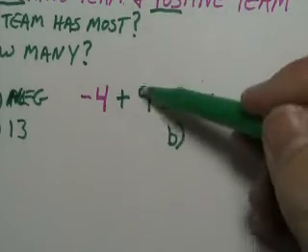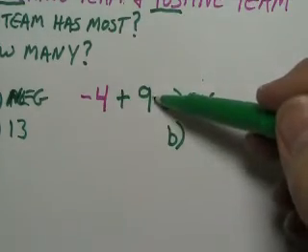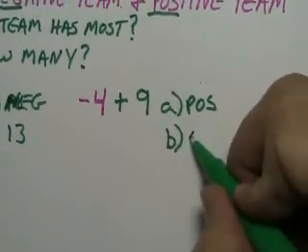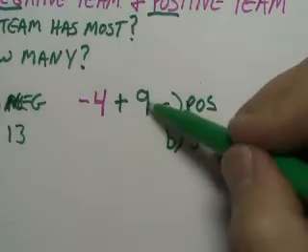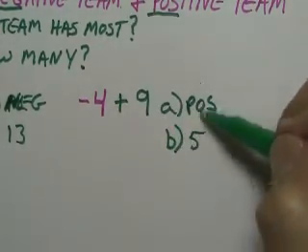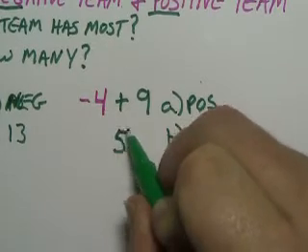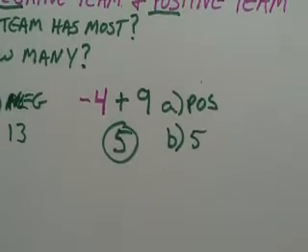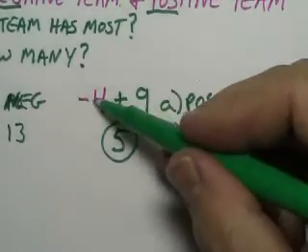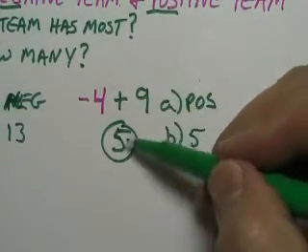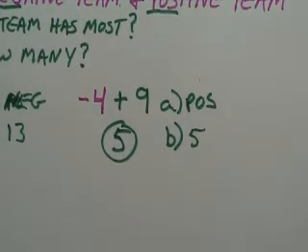How much more positive is there than negative? Well, there's 5 more. 9 take away 4 is 5. There's 5 more positive. My answer is positive 5.